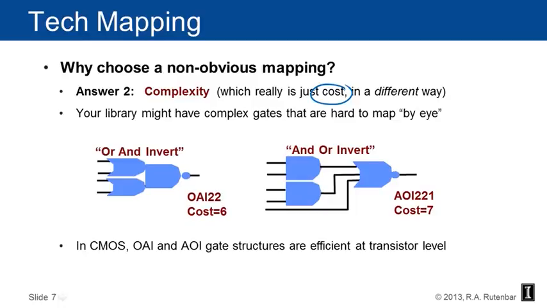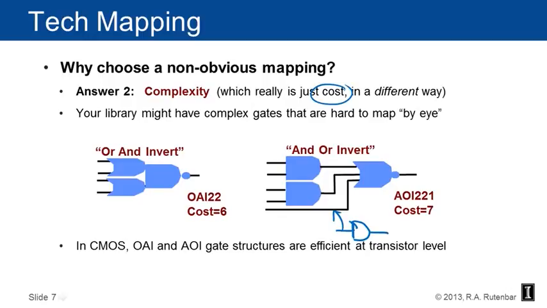And the obvious way to think about why I'm just drawing a wire going into this AND-OR invert structure is that this is really sort of an AND gate with exactly 1 input going into it. And what's an AND gate with 1 input going into it? It's a wire. So this is an AOI 221. Imagine that the OAI 22 costs 6, the AOI 221 costs 7.